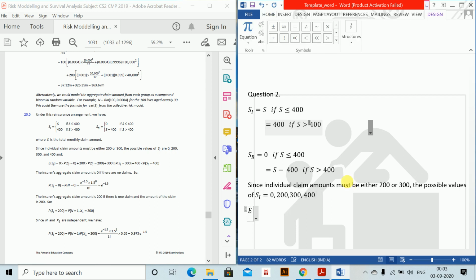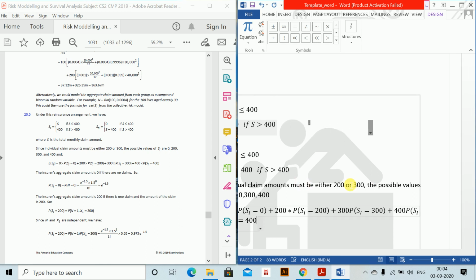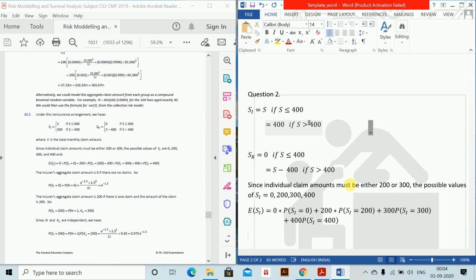So therefore the expectation of S_I is equal to 0 times the probability of S_I equals 0, plus 200 times the probability of S_I equals 200, plus 300 times the probability of S_I equals 300, plus 400 times the probability of S_I equals 400.